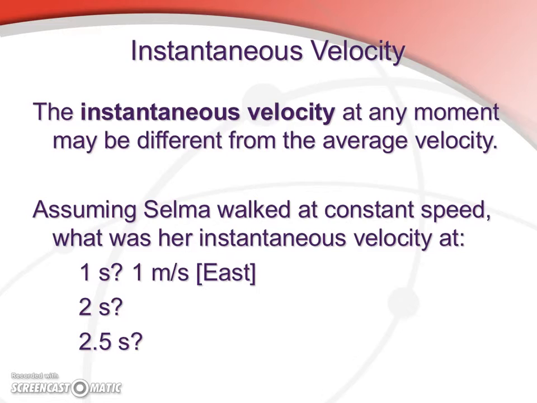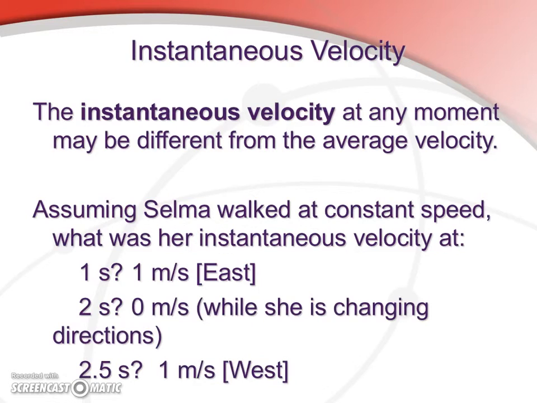At 2 seconds, well, there's an interesting case. At 2 seconds, she was actually changing directions, so we can argue at precisely 2 seconds, her speed was 0 meters per second. And then for the last second, she was traveling west at 1 meter per second. So the instantaneous velocity can be very different from the average velocity.